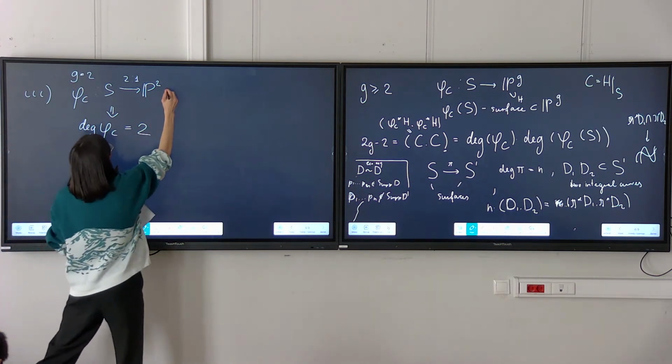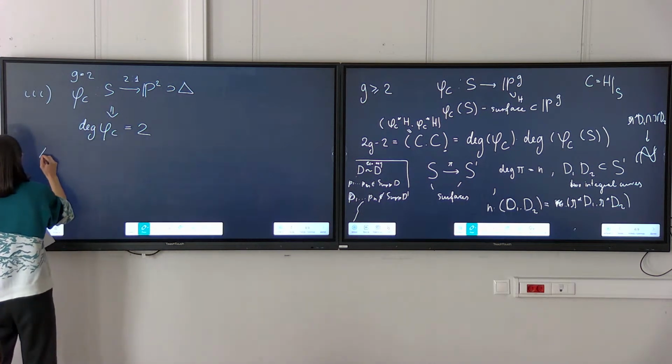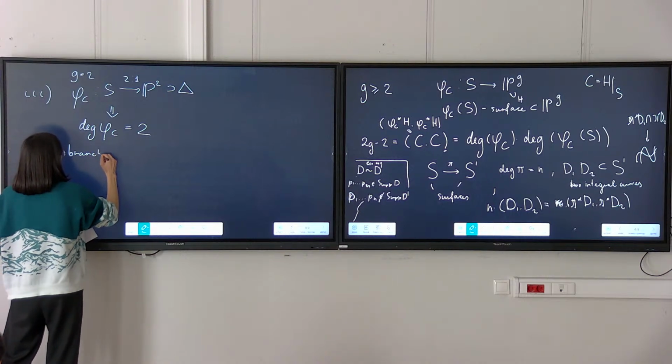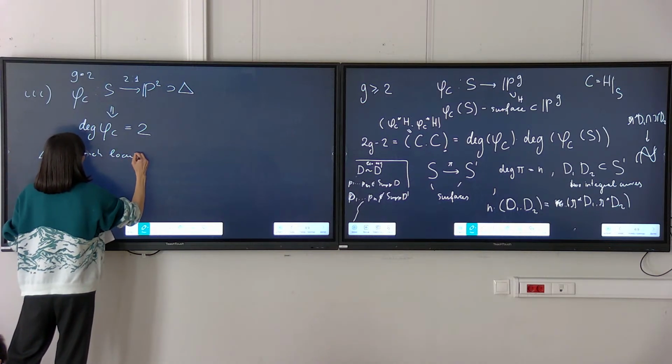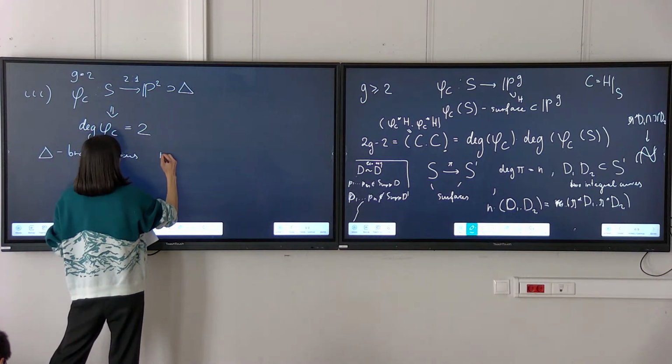And now let us consider its branch locus, and suppose that it has degree n.